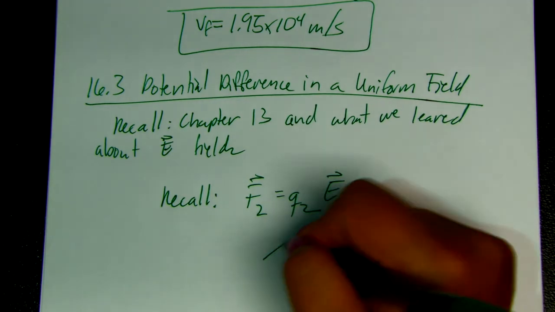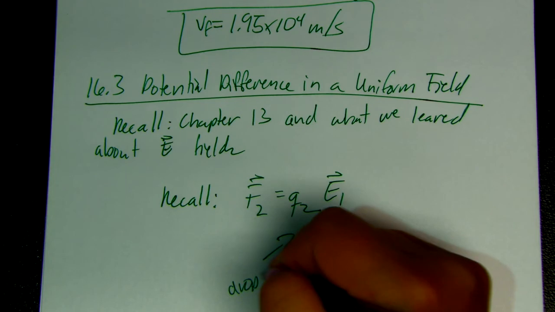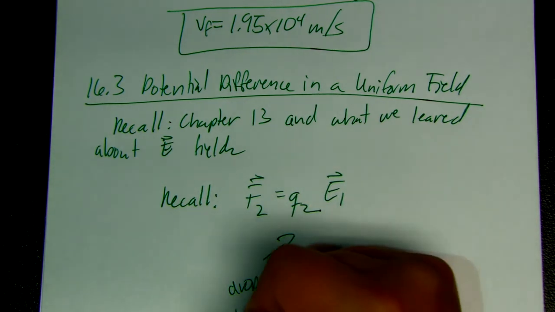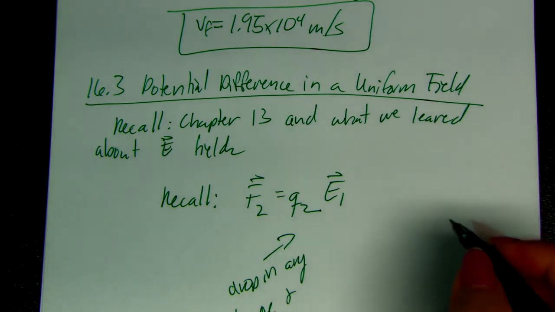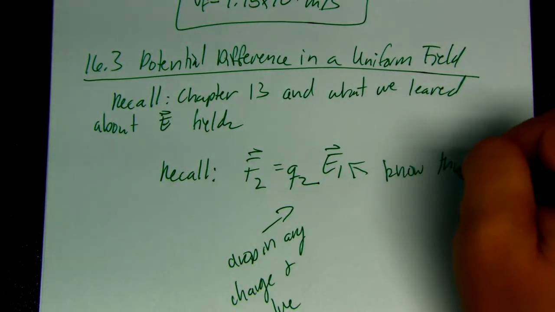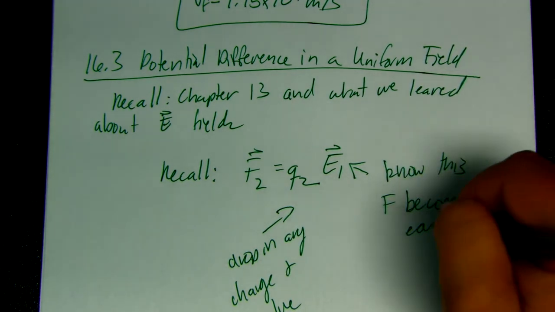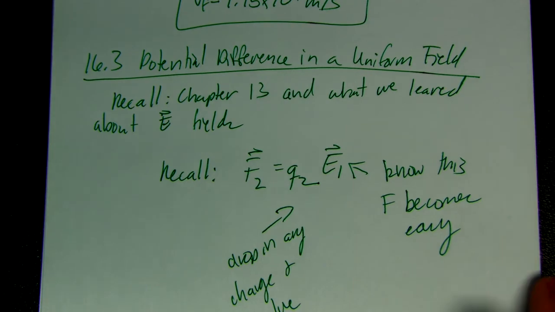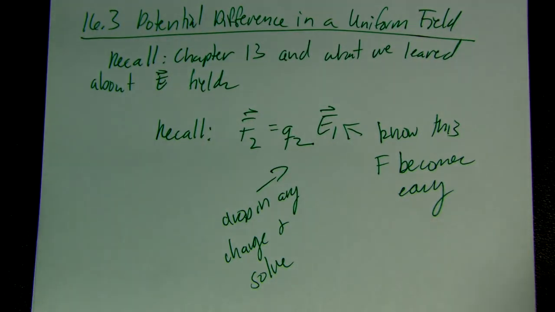And the nice thing about this is, once you know the field at this location, you can just drop in any charge and solve. So, beautiful, simple equation. Two things, multiplication.